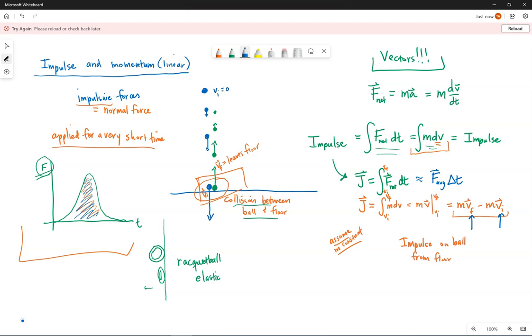So we have two equations. Both of these would allow us to calculate impulse. Why I would choose one over the other depends purely on what information I have or what information I am being asked about. So that's how I would choose.